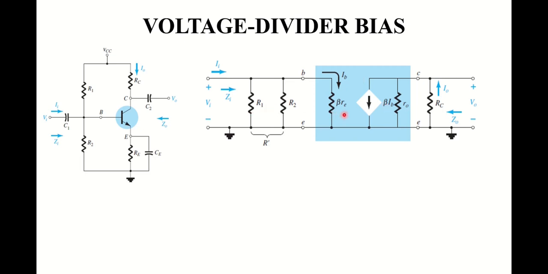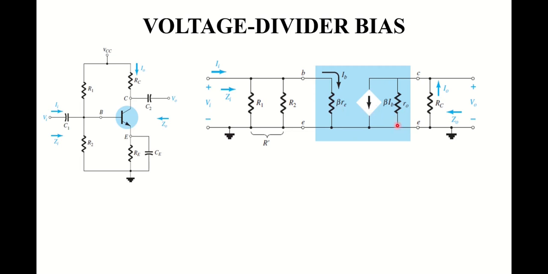Again I would like to tell you that this blue color is used in this box to imply that this blue box is representing the transistor equivalent model, and the equivalent model is still the same. On the input side of the transistor there is a resistor with the magnitude of beta Re.